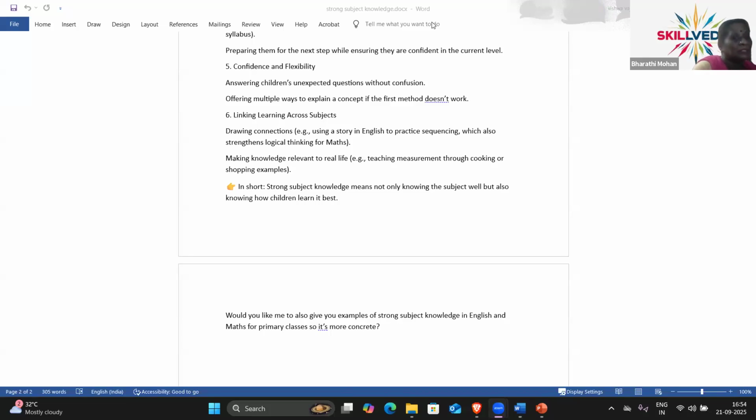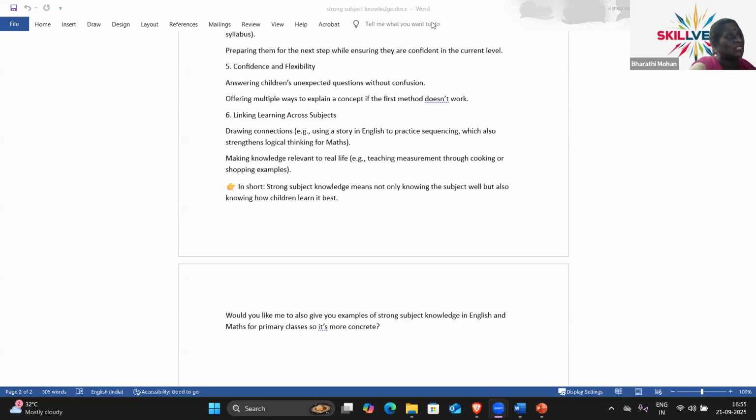Suppose we are teaching maths or science, we say today you just find out how much vegetables you purchase for 100 rupees. How much does each vegetable weigh, or how much do they get for the family, and what is the total they spend on buying vegetables for a day.